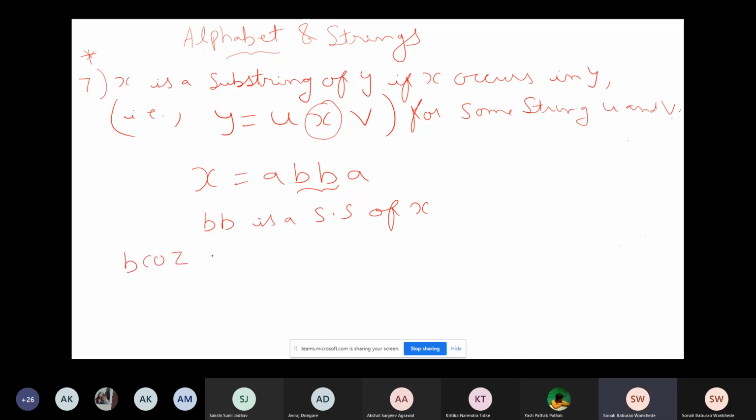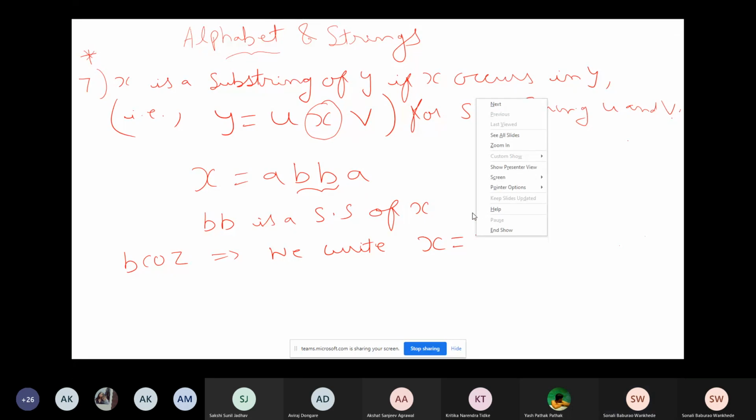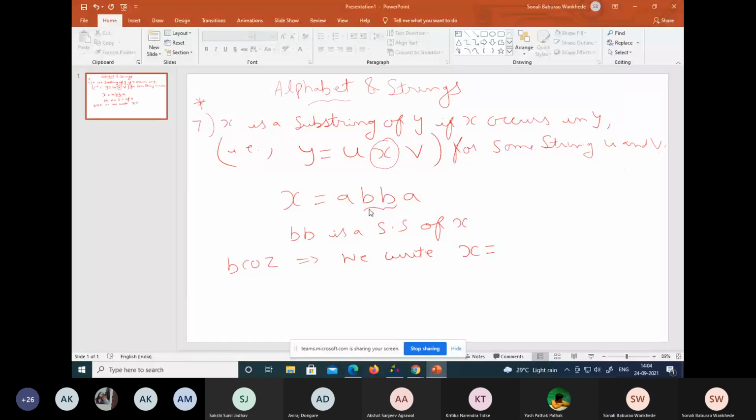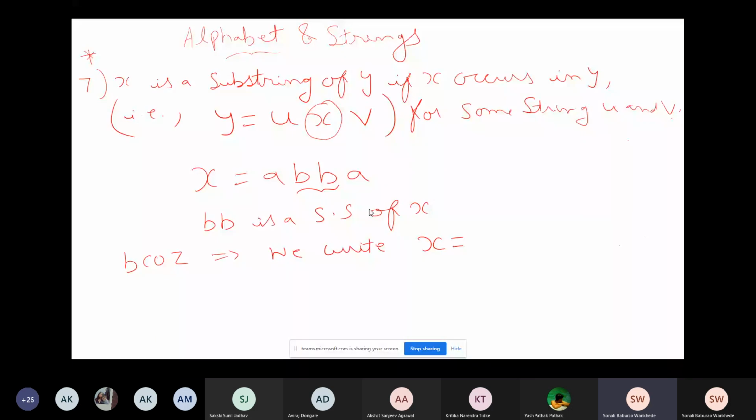because we can write it in this way. What we can do here is write X as U Y V. It's the same thing.